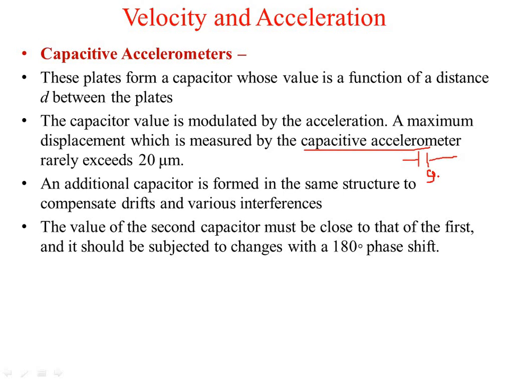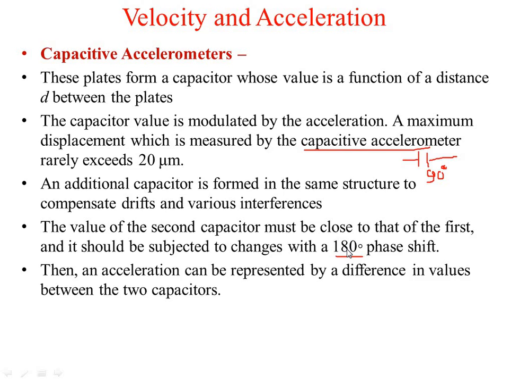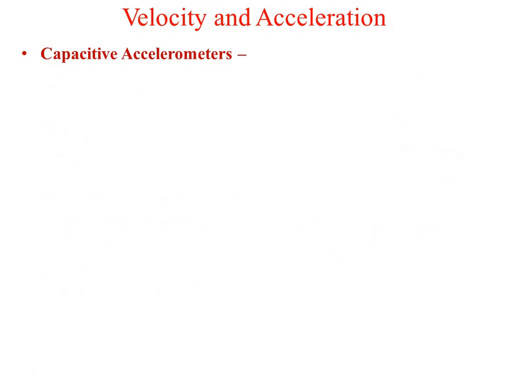Let us consider it to be 90 degrees. Then the 180-degree phase shift will be added, which will create a 270-degree out of phase, and that will cancel each other. The effect of drift will be cancelled, and whatever vibration is there will be measured accurately. So acceleration can be represented by the difference in the value of the two capacitors.